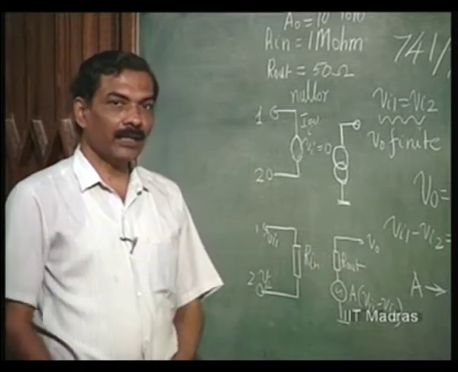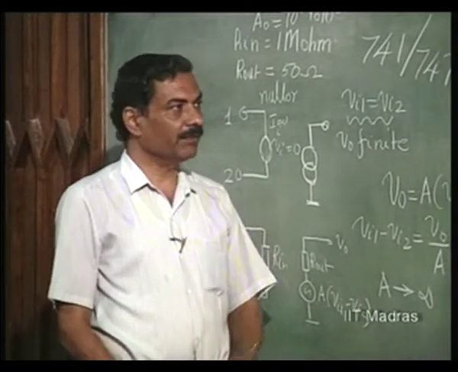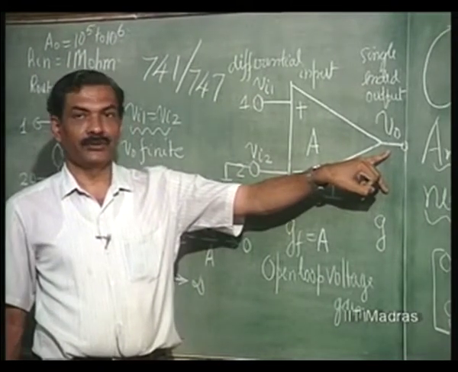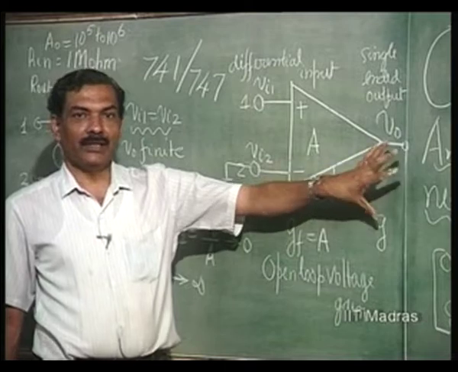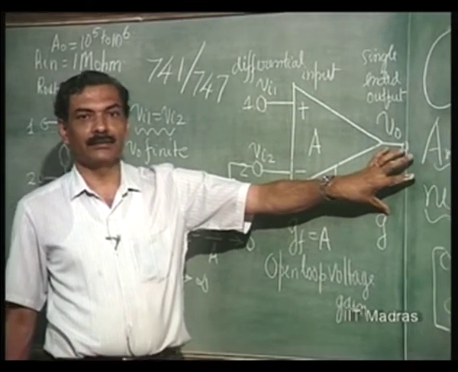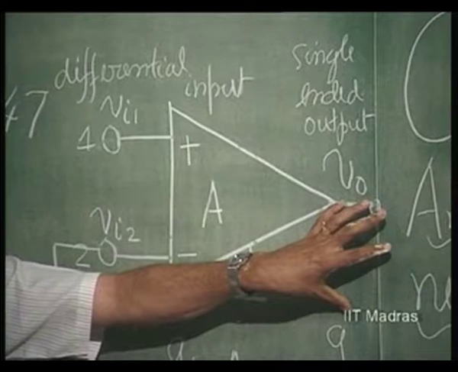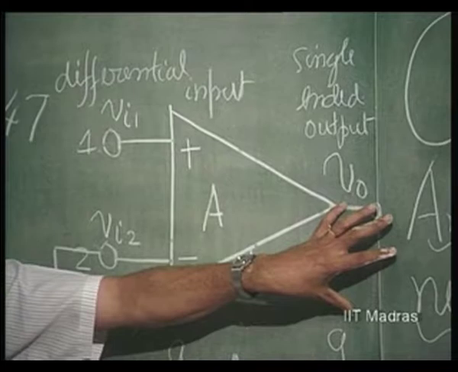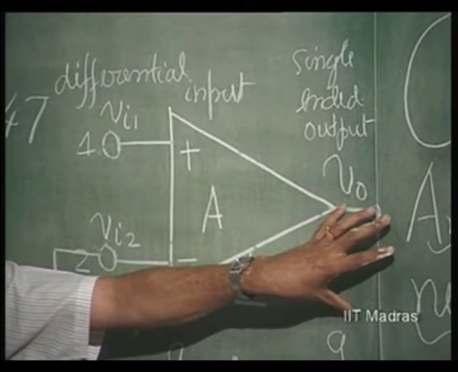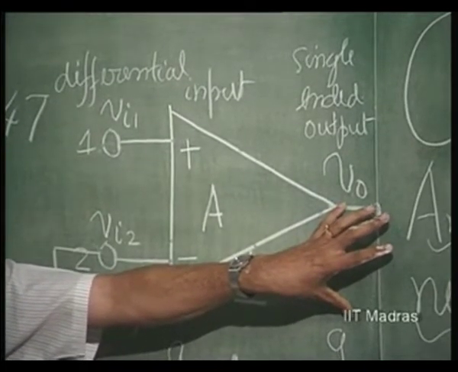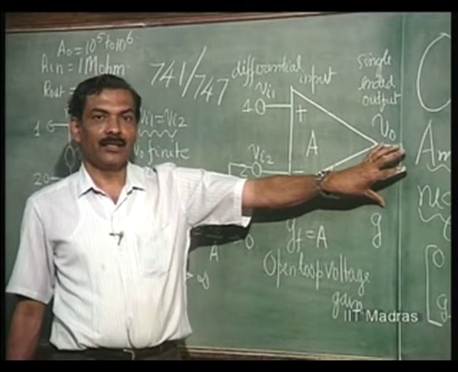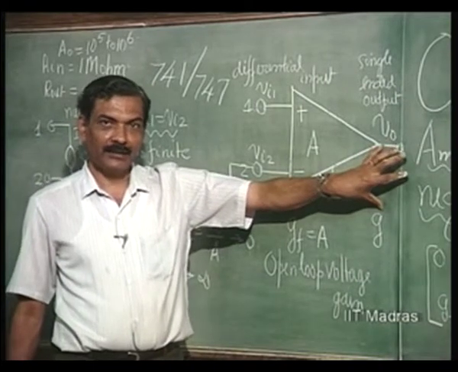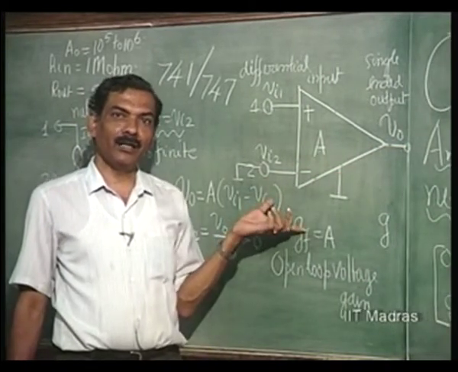Now, what are the possible negative feedback circuits with this operational voltage amplifier? The output is always taken as a voltage. So, I can only sample the output voltage, in which case the arrangement at the output is always shunt. At the input, it can be in series or shunt. So, the negative feedback configurations possible here will be output always in shunt, input either in series or in shunt.